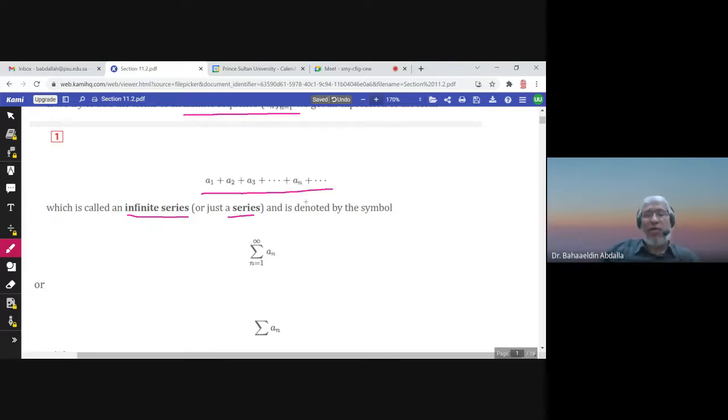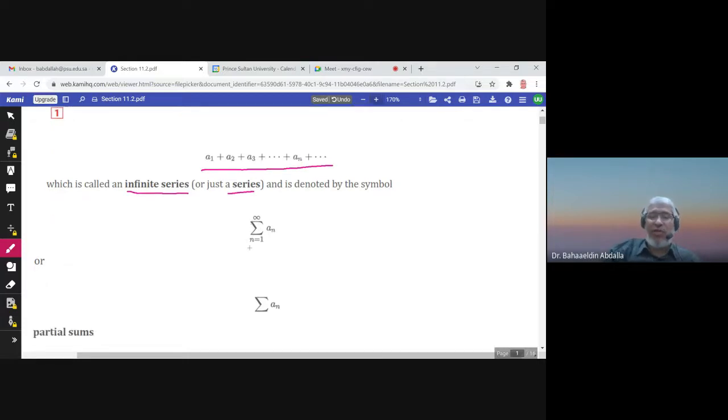And of course, we can write this sum using the summation notation. So it is summation an from 1 to infinity. If n is 1, you will have a1 plus a2 plus. So the infinite series is the sum of the terms of an infinite sequence. That's it.